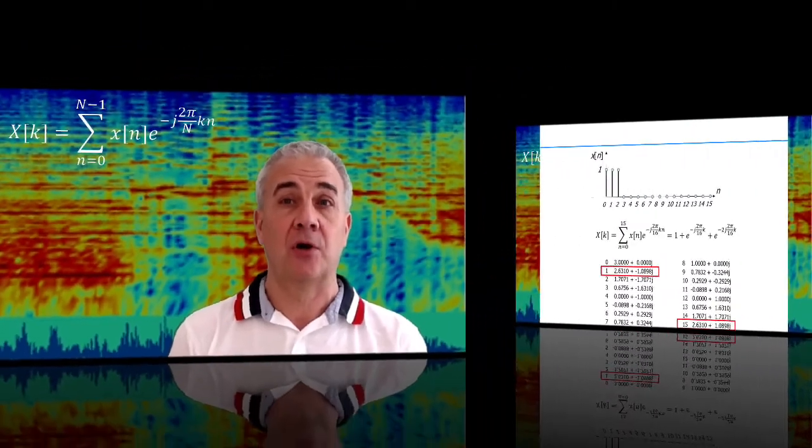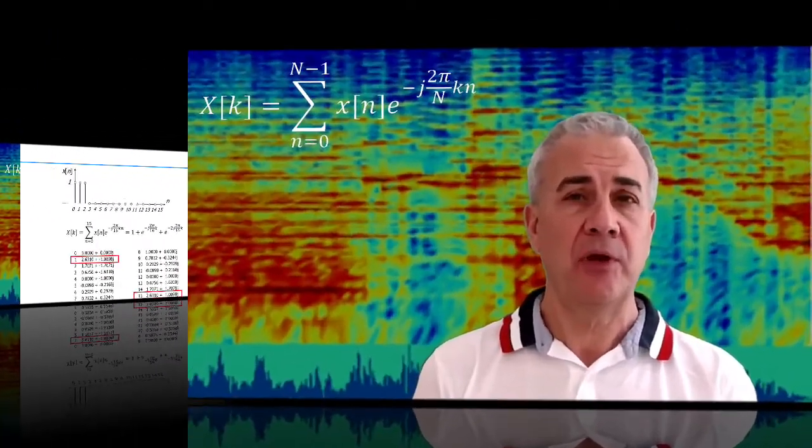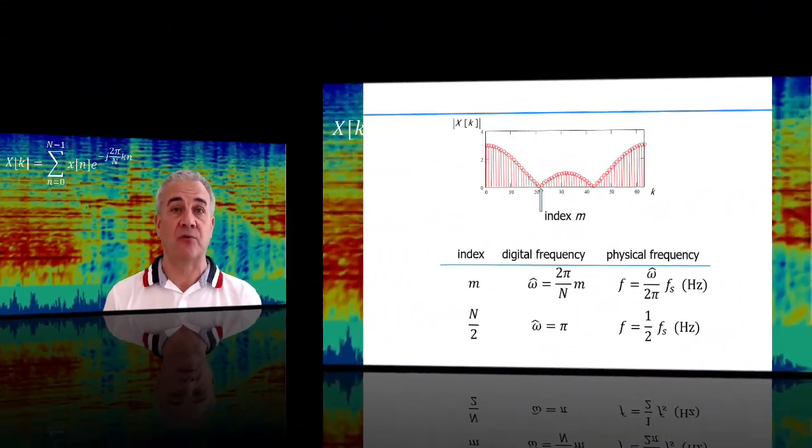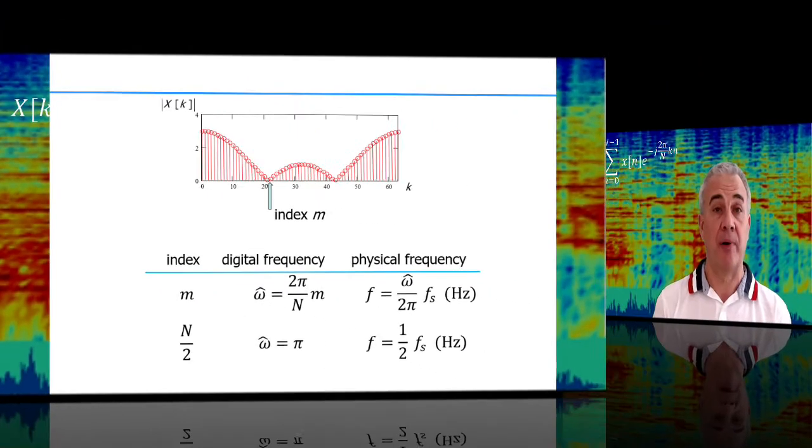For instance, due to the symmetry properties for real valued signals, the DFT coefficients 1 and N-1 must be complex conjugated. I recommend that you carefully study the relationship between the index k of the DFT, the continuous digital frequency omega hat, and the physical frequency as illustrated here. Some of the Python exercises will help you understand this relationship.